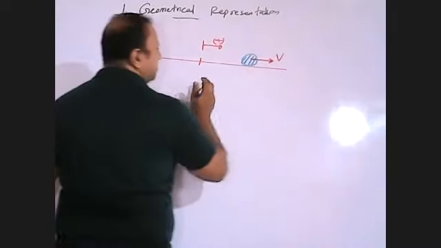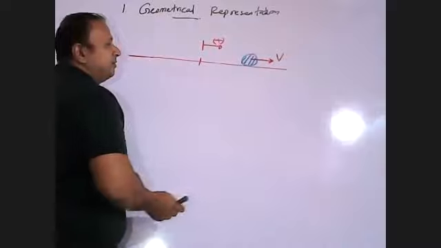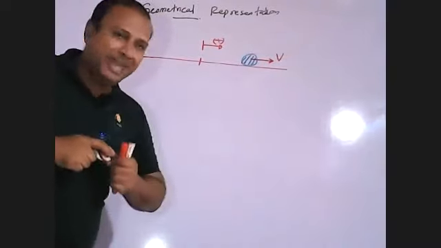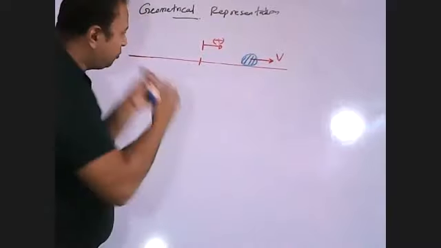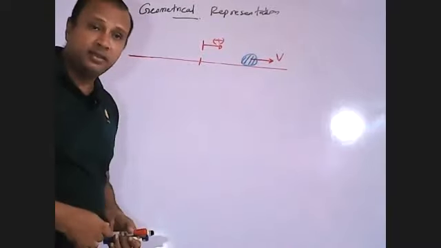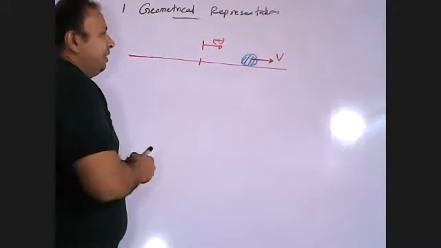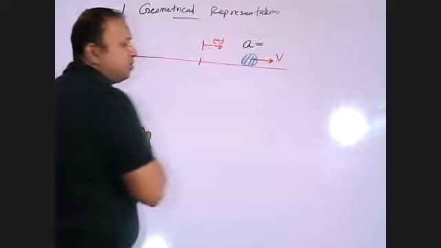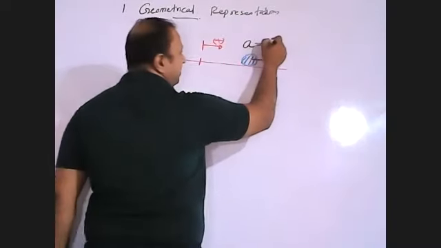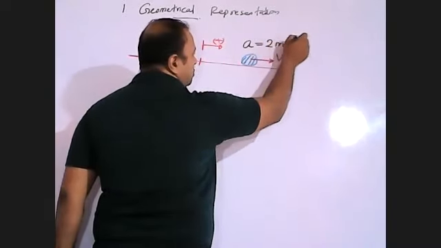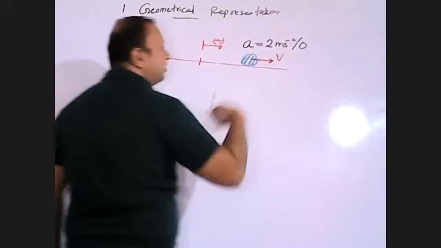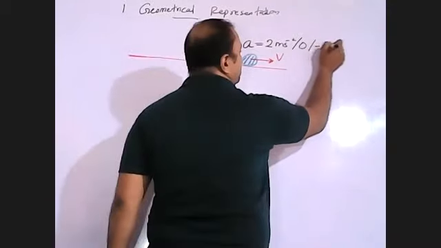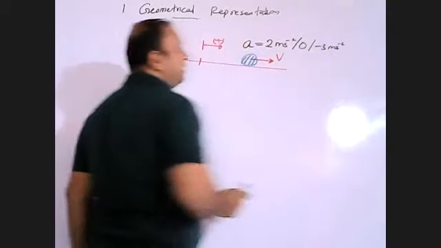In order to do that, we can use a symbol. Normally, the way of moving depends on acceleration. Therefore, we have to mention the acceleration on this figure. It is very simple. You can simply mention that using this symbol: 2 m/s², or 0, anything, or minus 3 m/s².